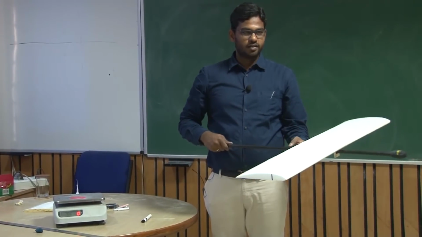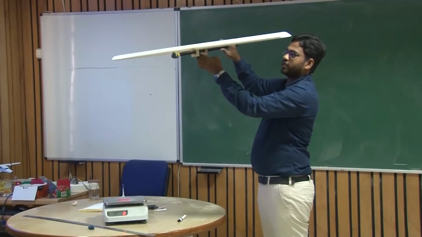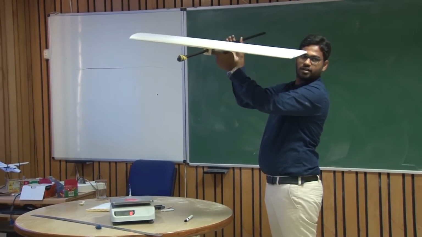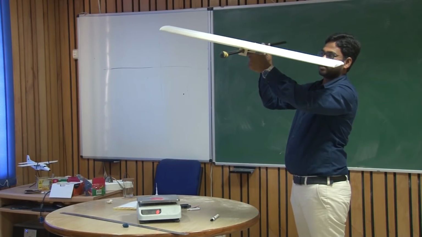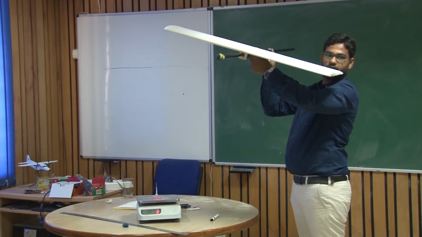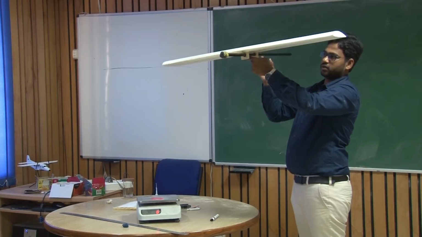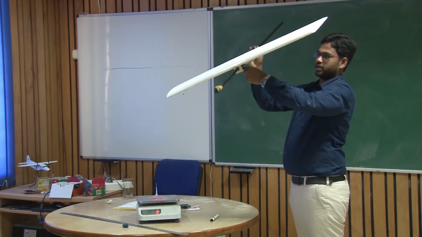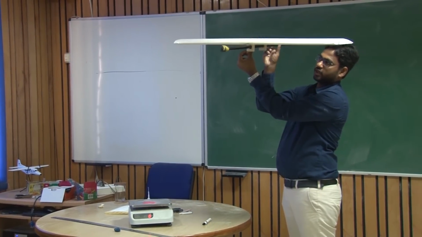The other simpler way, in our case, is to place the model on a horizontal rod. About the CG, the model will be balanced exactly, so that location you can consider as the CG location.